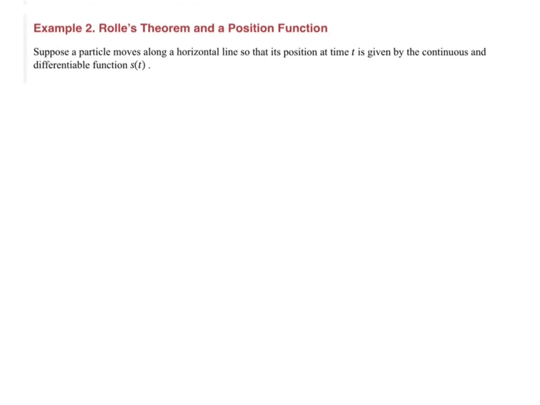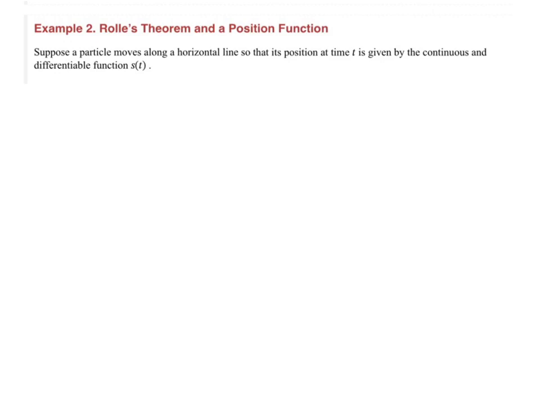All right, here's example 2. Rolle's theorem and a position function. A position function, so this sounds physicsy. Suppose a particle moves along a horizontal line so that its position at time t is given by the continuous and differentiable function s of t.